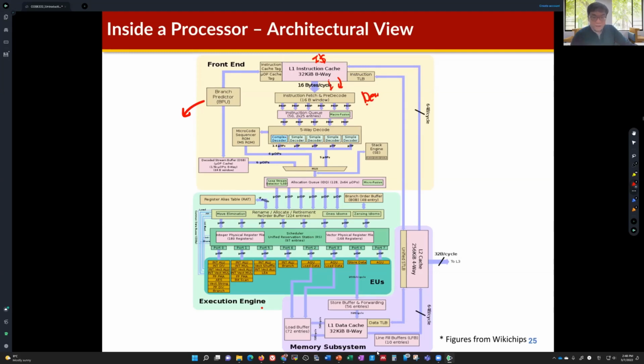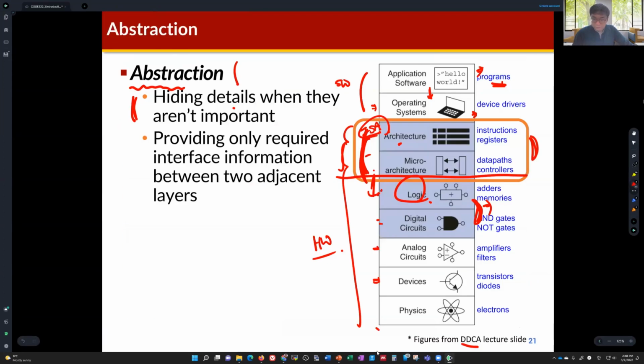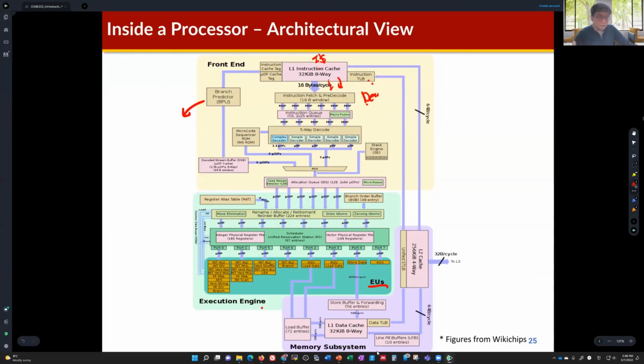So what does that mean? These components, like cache, TLB, and what is this, ALU. Intel calls these execution engines execution functional units. These are designed using logic designs, and simple logic designs are also designed from digital circuits.